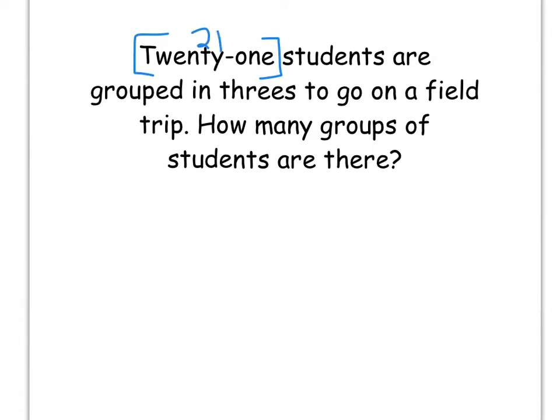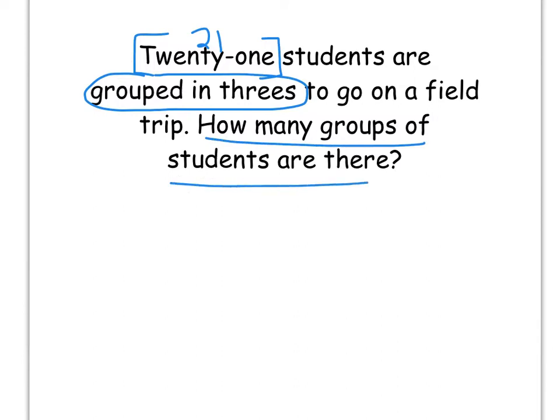The unknown in this problem is the number of groups. That's what I'm finding. Since we are finding the number of groups, I will use the variable g to represent the unknown in my equation.